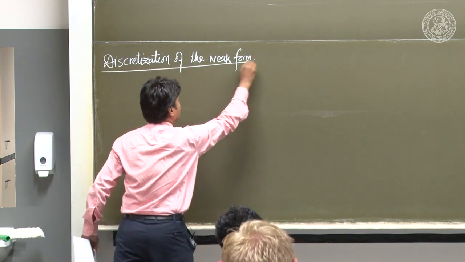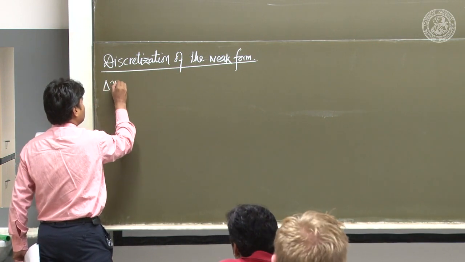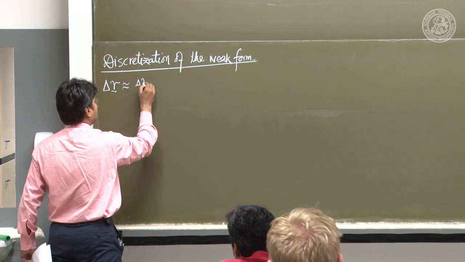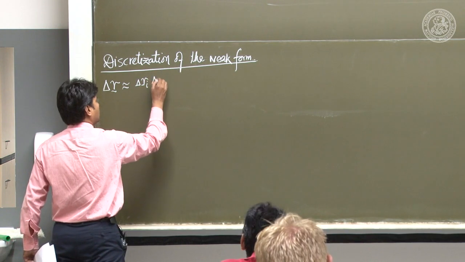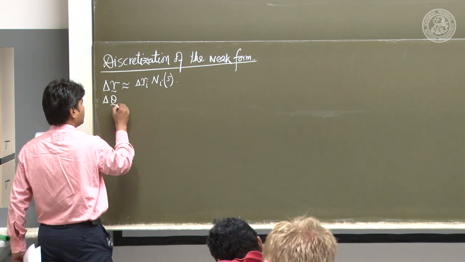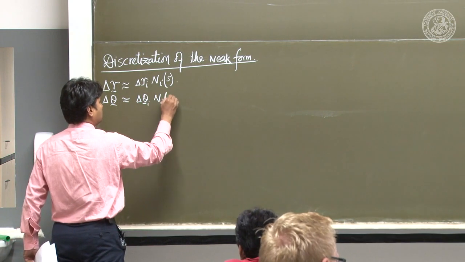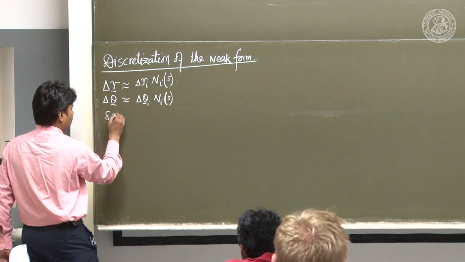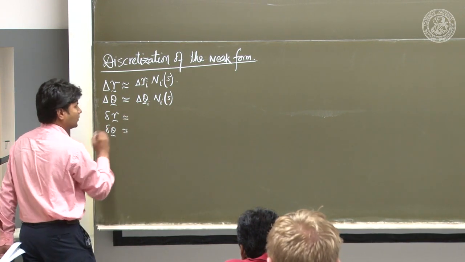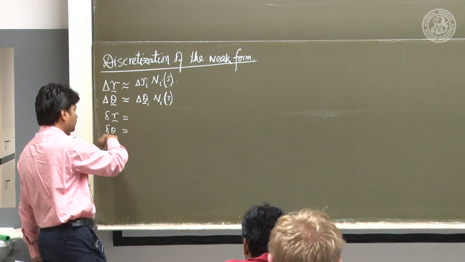We defined our increments delta r as delta r_I n_I, similarly for delta theta, which was delta theta_I n_I, and same way for del r and del theta. You see these are discrete approximations of these four functions.